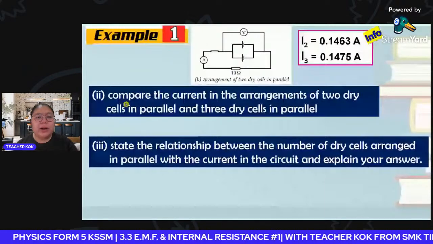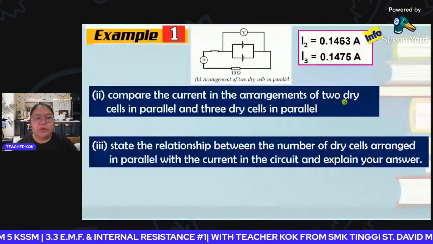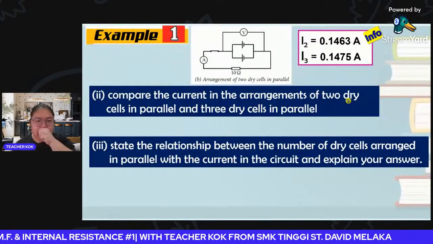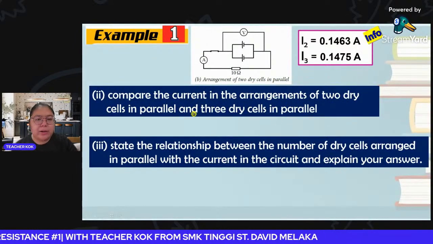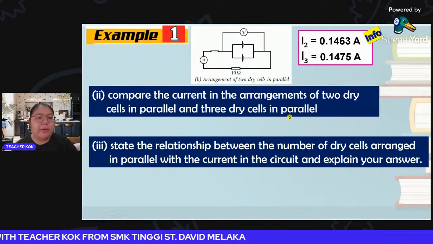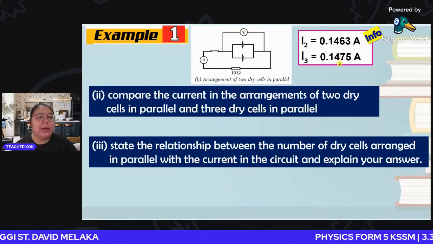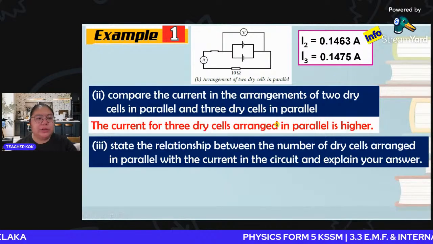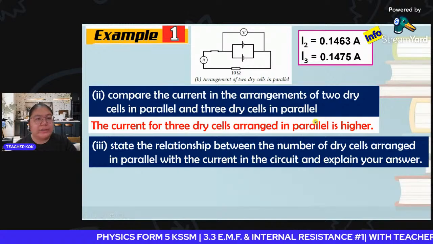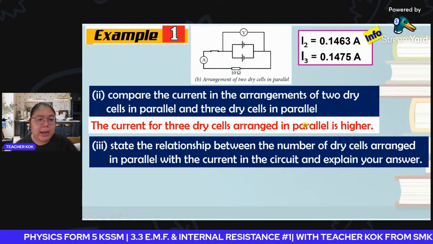Compare the current in the arrangement of the two dry cells in parallel and 3 dry cells in parallel. So we know I3 is a bit bigger. So we just answer the current for the 3 dry cells arranged in parallel is higher, a bit higher.